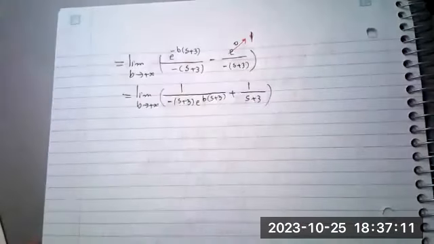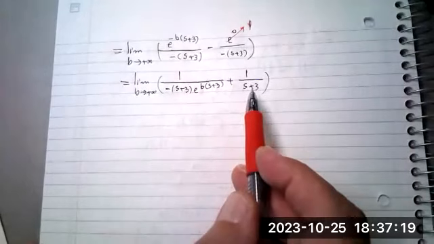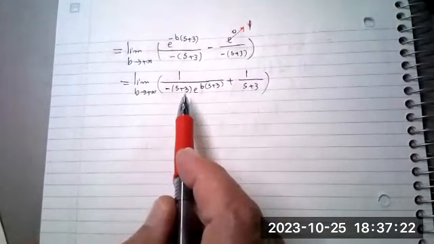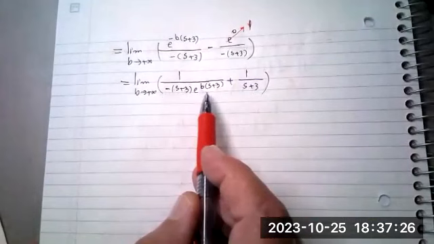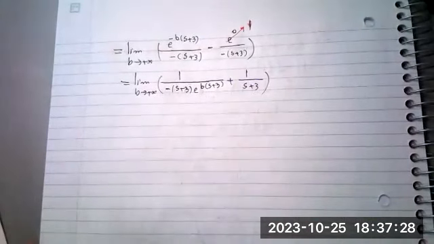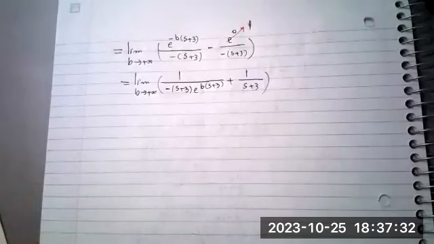Now the judgment. What you need to do to make sure this is convergent: the second part is the number, so you have to prepare the first part. Again, you have to keep e to the b times s plus 3 in the denominator, because you need that infinity to make this one 0.